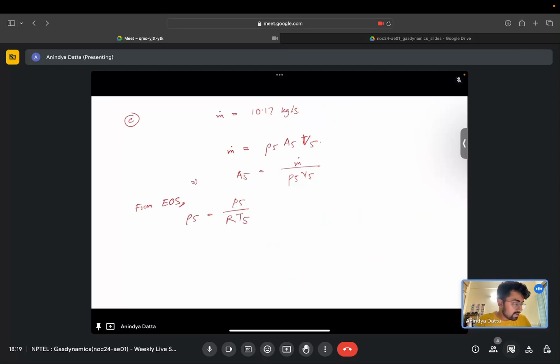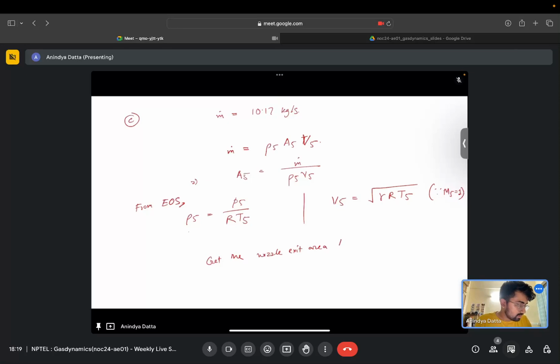And V5 is equal to the speed of sound, square root of gamma R T5, since the flow Mach number is equal to 1. So from there, if you can find rho 5 and V5, and the m dot value is given, you can get the nozzle exit area.